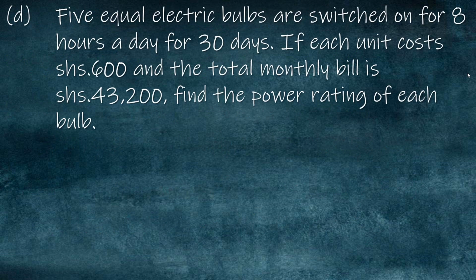And part D of the same question, they said 5 equal electric bulbs are switched on for 8 hours a day for 30 days. If each unit costs shillings 600 and the total monthly bill is 43,200 shillings, find the power rating of each bulb.